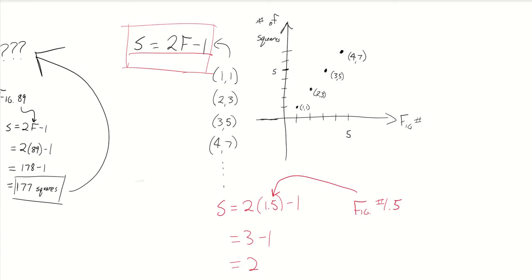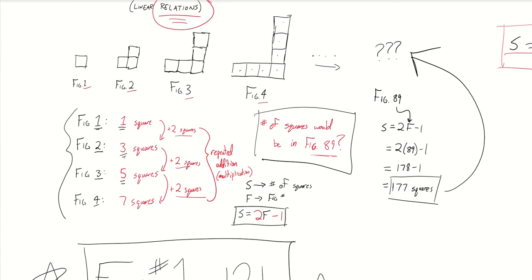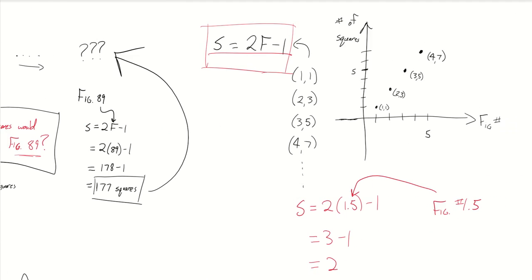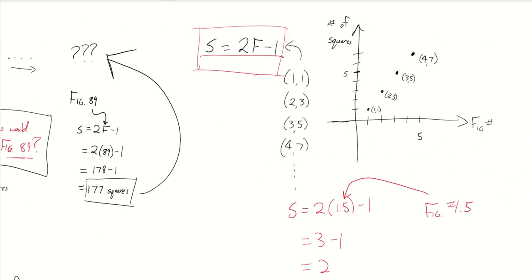So here, this would be the graph of that particular relation. And keep in mind, if the relation carries some kind of actual meaning, for example, here we can't really define what it would mean to have figure 1.5. We can't define what it would mean to have figure pi, right? 3.14159 forever. What figure? How would we determine?